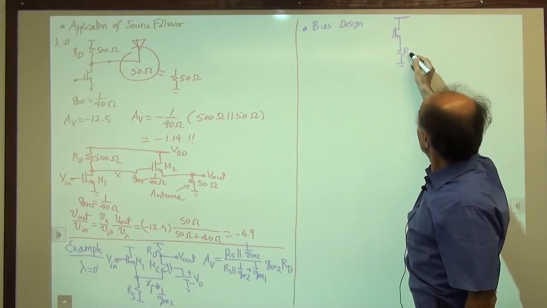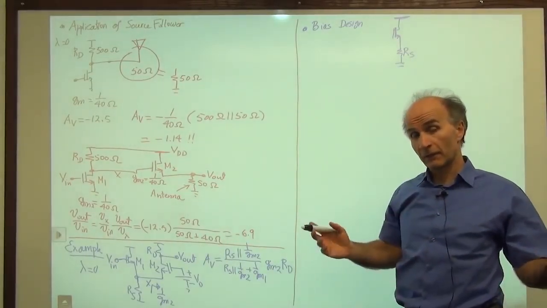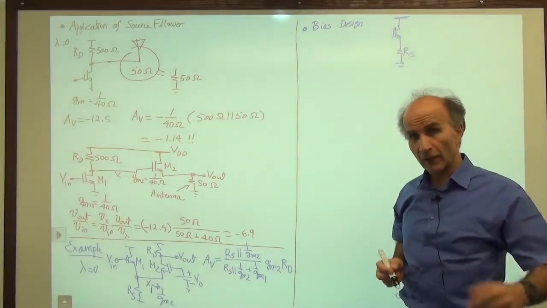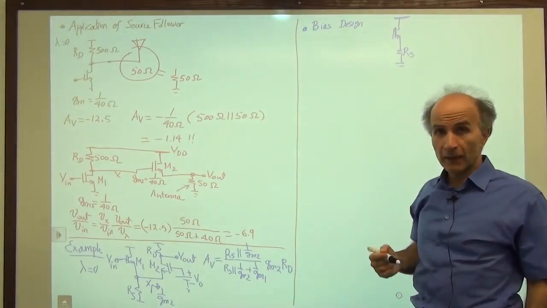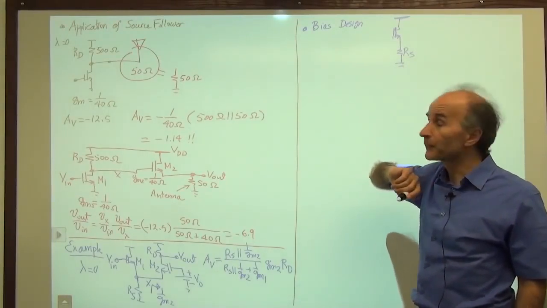So that was the reason for using RS. Otherwise, we prefer to have no RS, right? If we had infinite RS, the gain would be 1, approximately, if channel length modulation is neglected. But we have to have RS. We have to have something. It could be a resistor, it could be a current source, something. It has to be there.